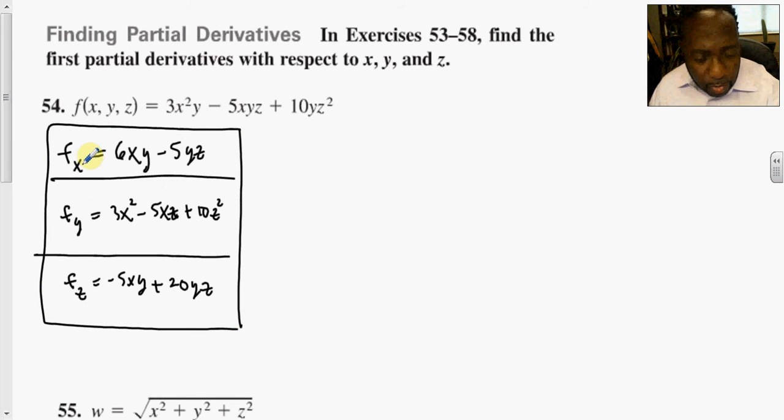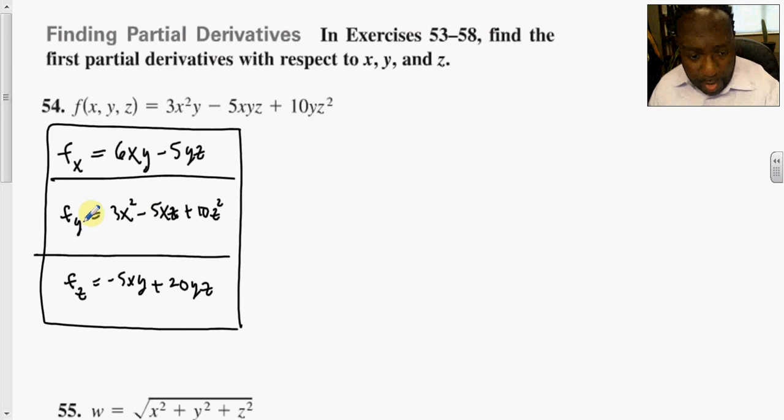So do you see that for the partial of f with respect to x, that derivative is 2 times 3, 6x. Y is a coefficient. And then we take the derivative with respect to x here. That becomes negative 5yz right here. There's no x over there, so this is treated as a constant with respect to x.